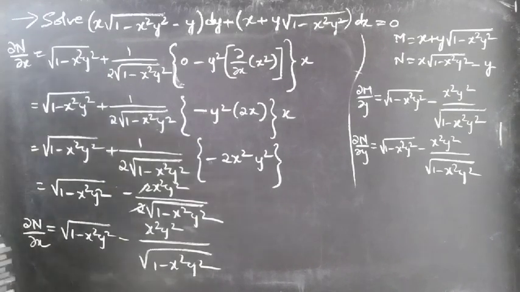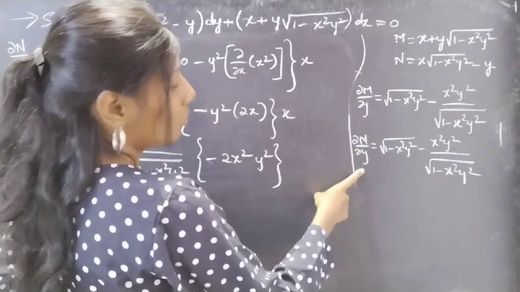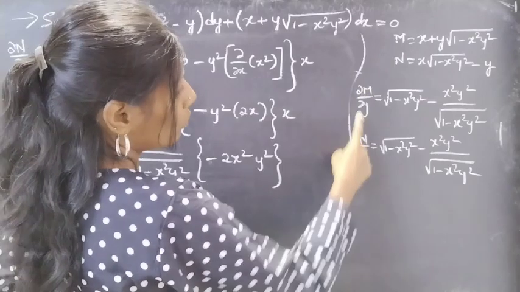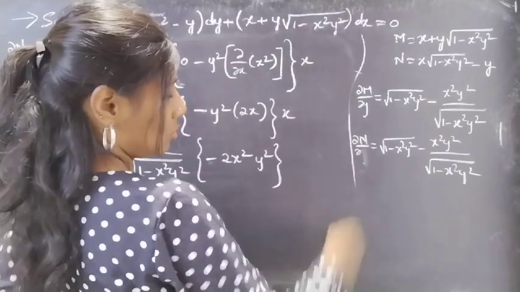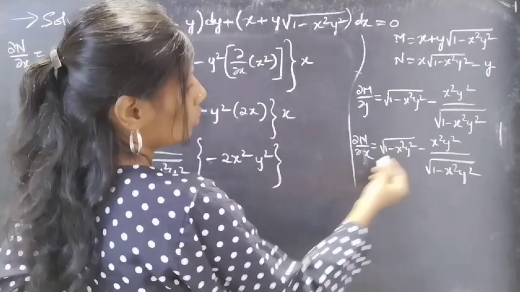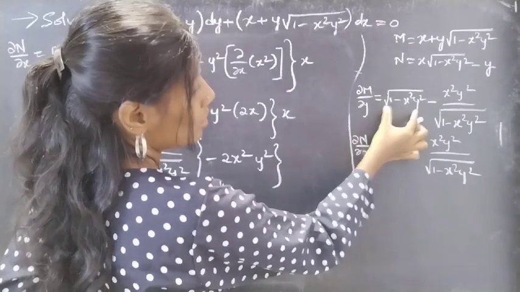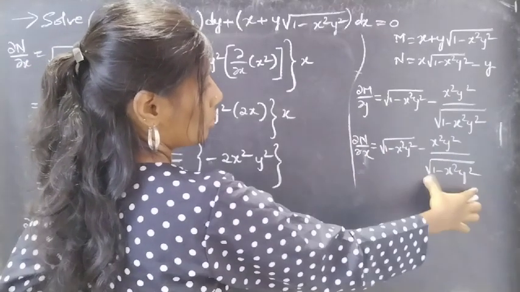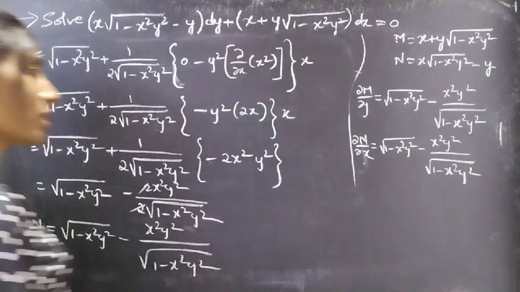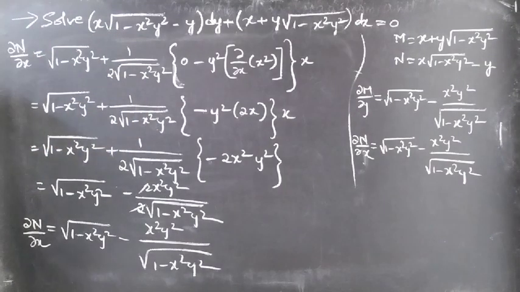Now observe the partial derivatives. From this we can say that dou m by dou y equal to dou n by dou x. Sorry, it's not y, it's x. Equal to square root of 1 minus x square y square minus x square y square by square root of 1 minus x square y square. It shows that the given differential equation is exact.